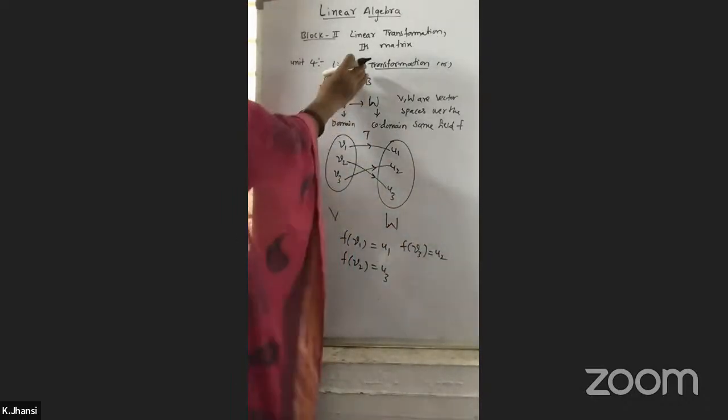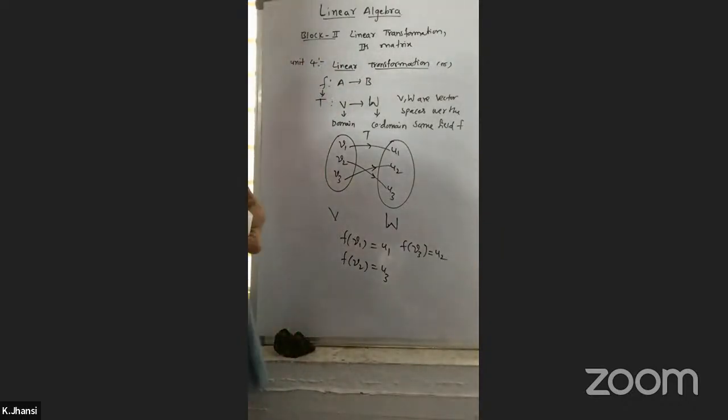Similarly, how the mapping is there, same like that only we have for the linear transformation also. But here the things are vectors. So whatever V1, V2, V3, U1, U2, U3 are there, those are vectors. Okay.